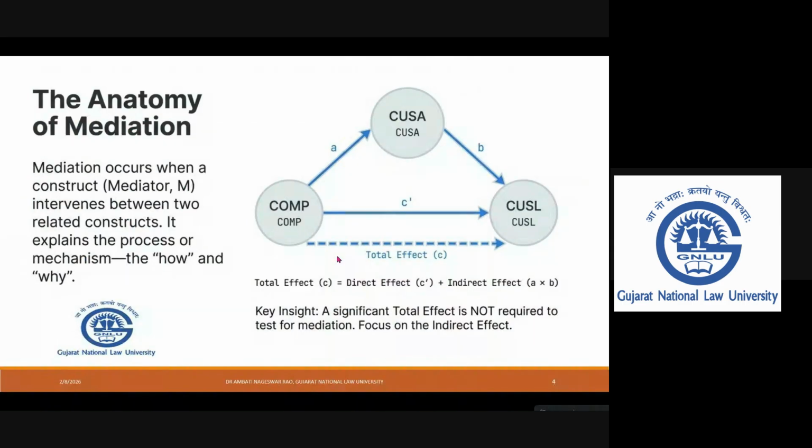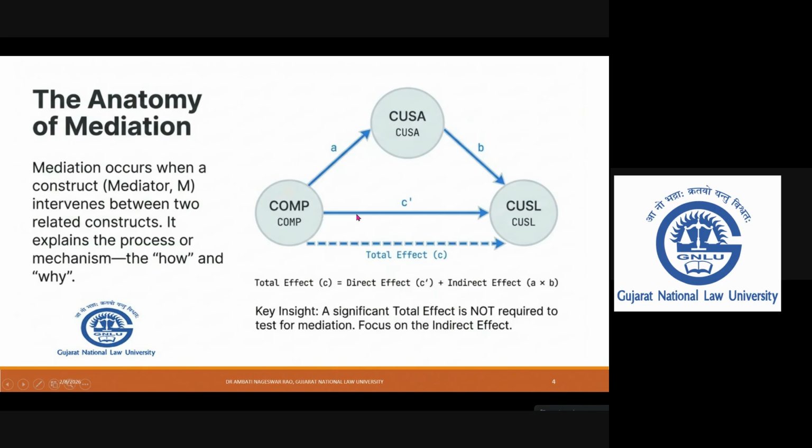Now, first try to understand the concept of what is mediation. Mediation occurs when a construct intervenes between 2 related constructs. As you can see on this slide, we have 2 components.